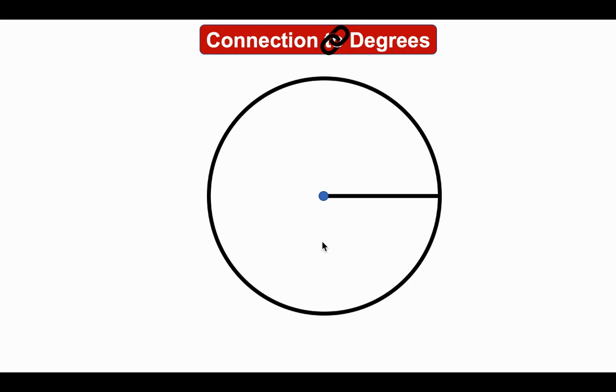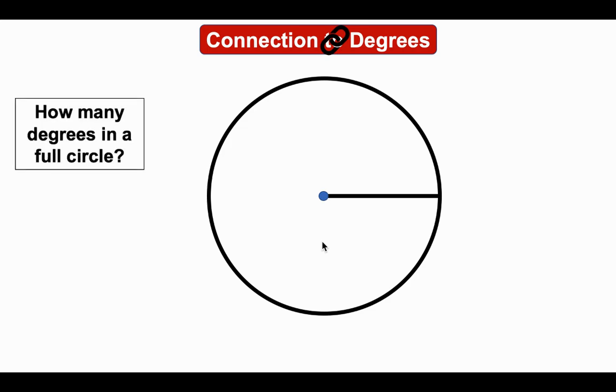But here we need to think about how we can relate degrees to radians. So if we're thinking about this circle, how many degrees are in a full circle? When you open up a circle, you keep going and going, and when you get around the entire circle, how many degrees was that? Think about figure skaters, snowboarders, skateboarders. When they go around in a full circle, we say that's 360 degrees.